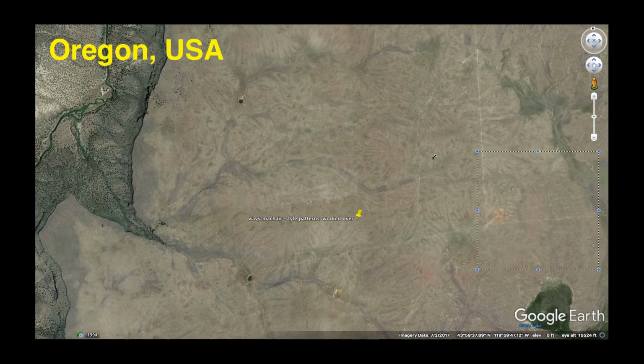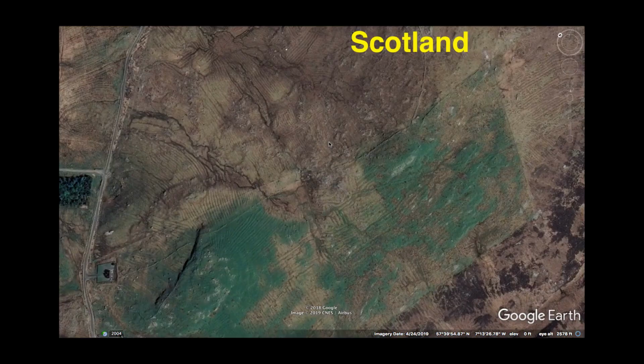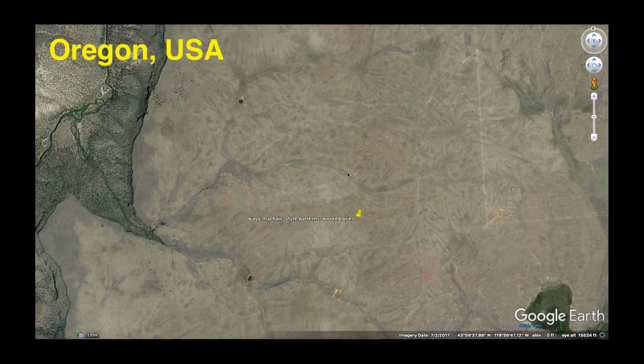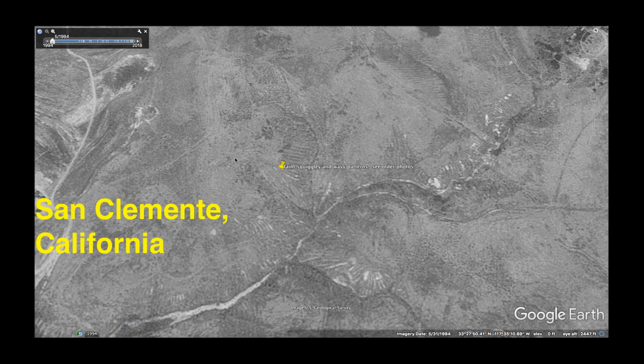These patterns, to me, indicate some type of warping and reconfiguring of the land, in my humble opinion, especially since it looks so similar to other places like this Machair in Scotland, and then San Clemente, California, possibly very similar patterns, just remnants of some kind of weird working over.